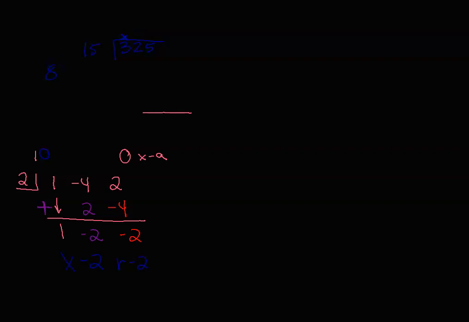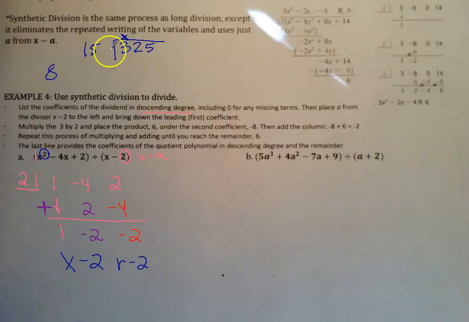Then we say 15 goes into 32 twice, and we get 30, and we have 2, and then we bring down the 5. And so 15 goes into 25 once, and so we have 15, and then we have a remainder of 10. It's the same thing. X minus 2 won't go into this place value, so we shift it over. We went from a 3-digit to a 2-digit answer.